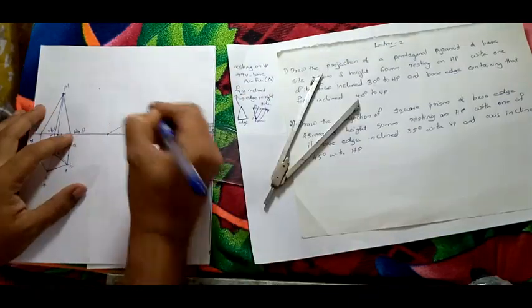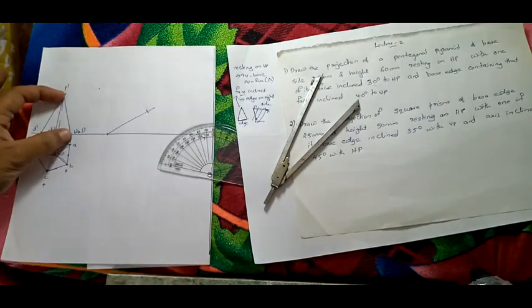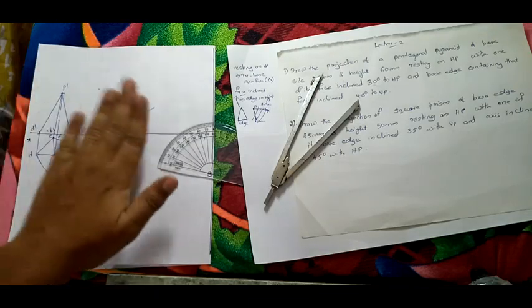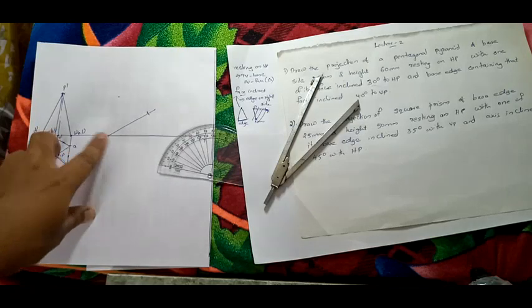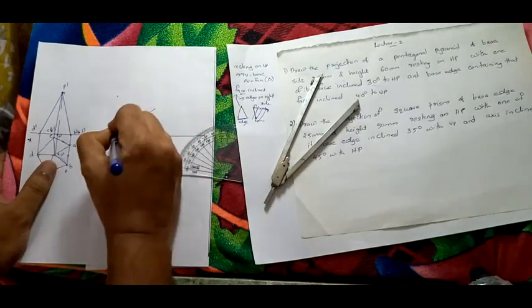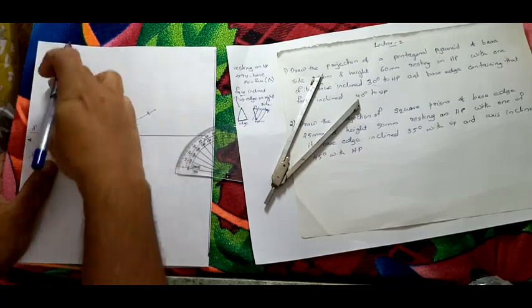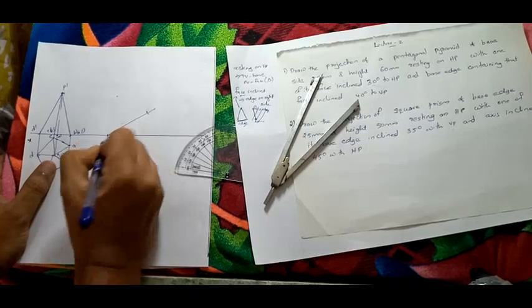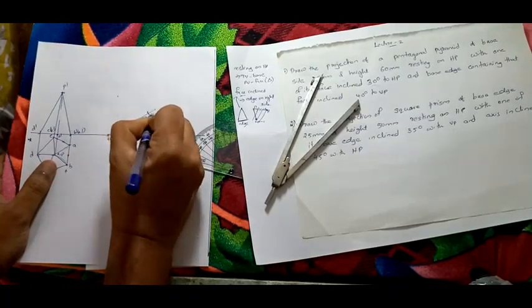I am going to reproduce this figure here in such a way that this line is inclined 30 degrees. We are rotating this figure such that it is inclined 30 degrees. So first we drew a line at 30 degrees, and we took this distance and cut it here. You understood, right? So this point is your B dash A dash, and this point is your P dash.